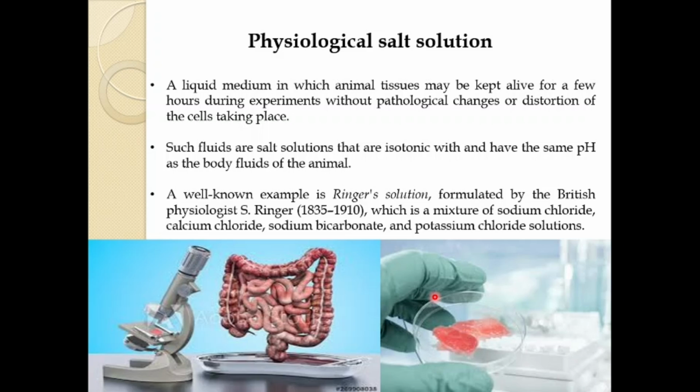They have the same isotonicity as the fluids inside the animal or human body, and the same pH. For example, our blood has a pH of 7.3, and these physiological salt solutions have a pH of 7.3 also. So they have the same physiology as the fluids inside the animal or human body. This is the reason we call it a physiological solution.